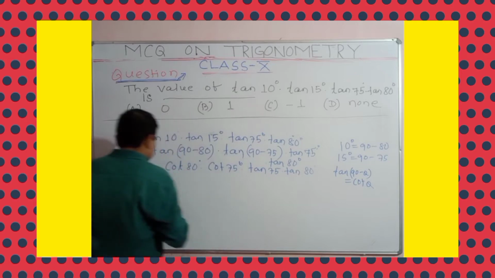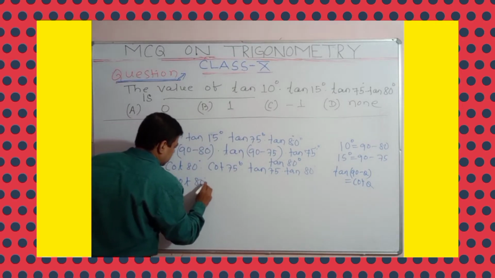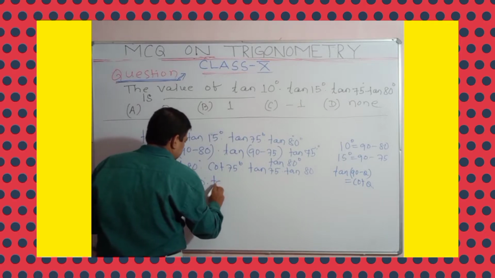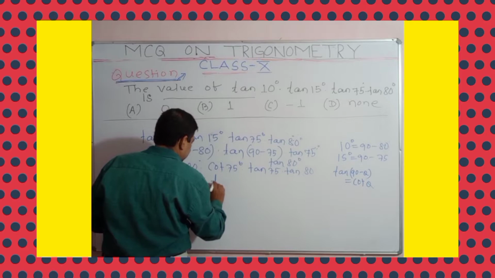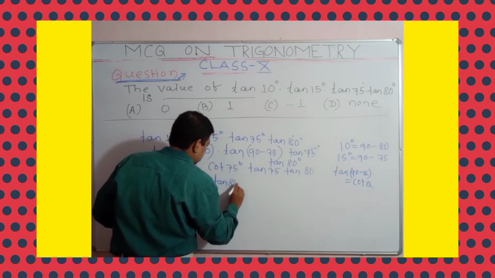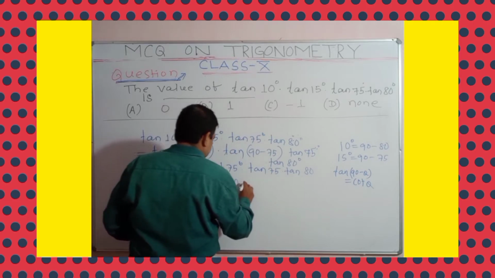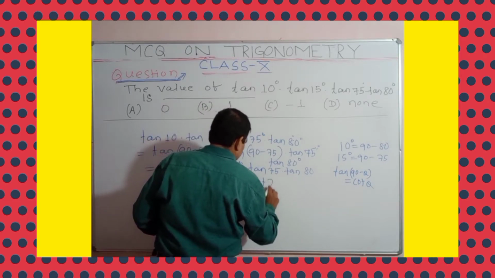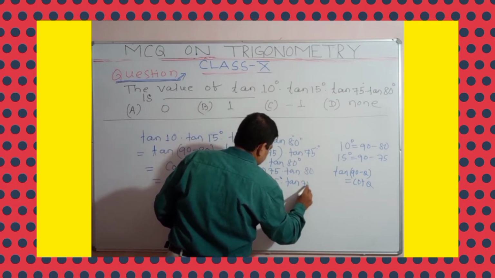Now you see cot 80 degree is there into tan 80 degree. Let us rearrange: cot 80 degree into tan 80 degree, into cot 75 degree into tan 75 degree.